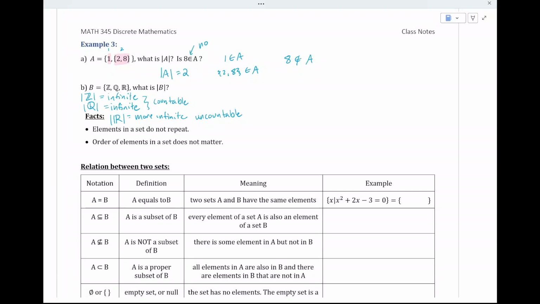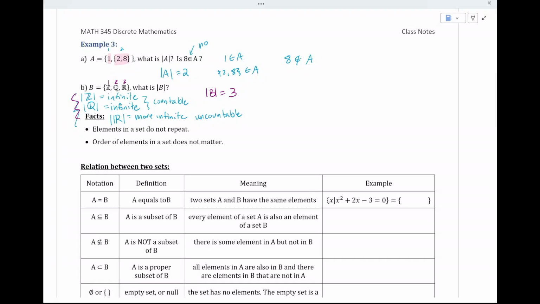Luckily for this problem, I don't need to know any of these three. What I need to know is how many elements are in B. B has 1 element, that whole set, 2 elements, that whole set, and 3 elements, that whole set. So the cardinality of B is 3. This whole thing was just an aside to think about when cardinality is infinite. That's not going to be discussed much in this course, but it's a whole concept out there if you're interested.